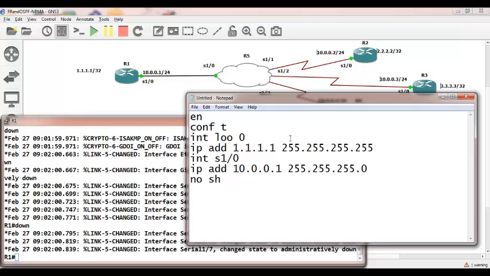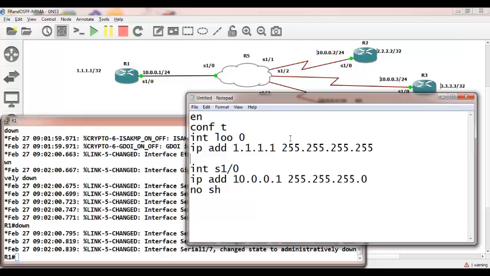And then OSPF can be enabled in a classical way under router ospf, or you can also configure under the interface. Let me use the interface level configuration. ip ospf 1 area 0.